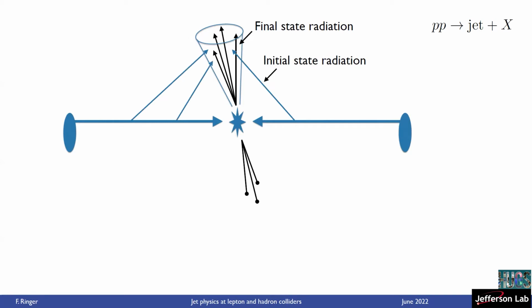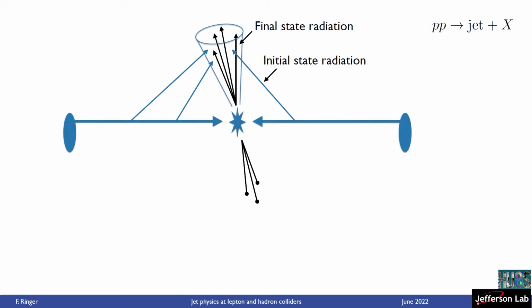The problem is, though, that there are a lot of additional contributions that are often really hard to get under control. One of them is what you see here. Before this collision actually happens, there are also emissions from these incoming quarks and gluons that eventually scatter. So they can produce what is called initial state radiation.